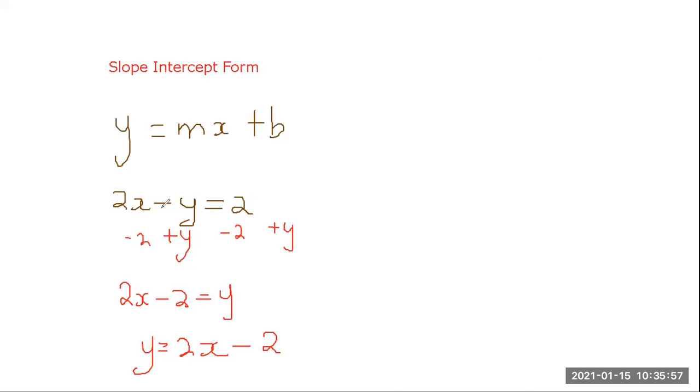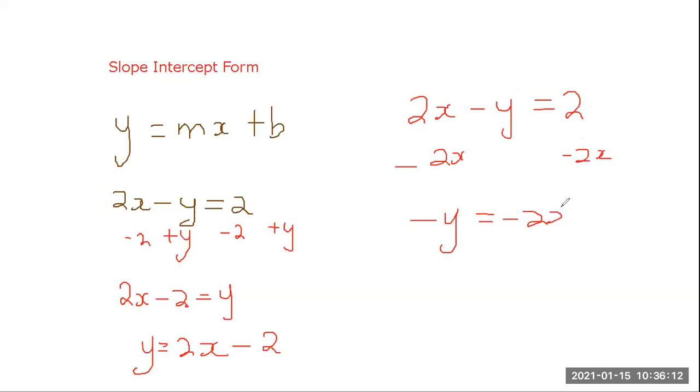So for example, if I had moved over to 2x instead, I would have had negative y is equal to negative 2x plus 2. So it's laid out, however, this y is negative.